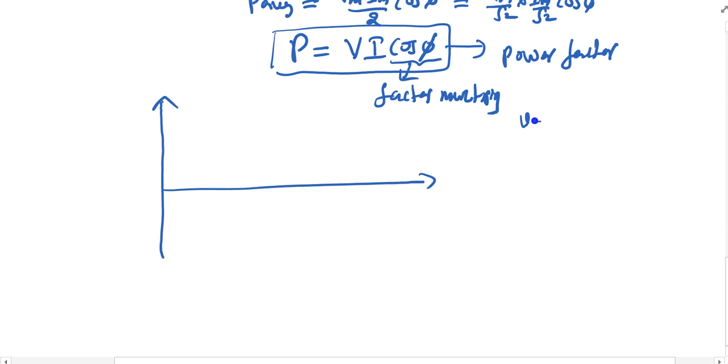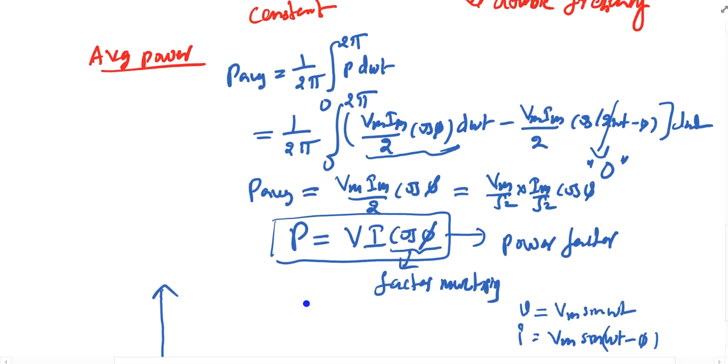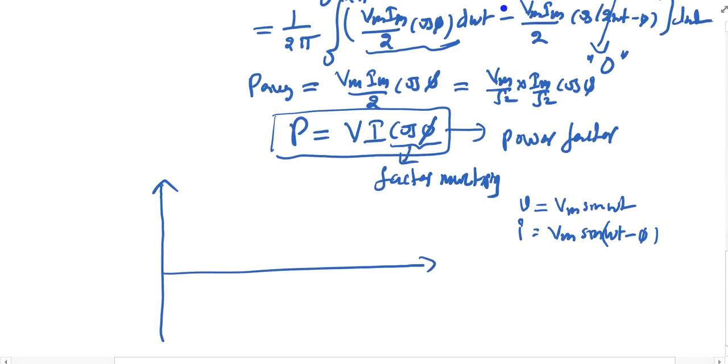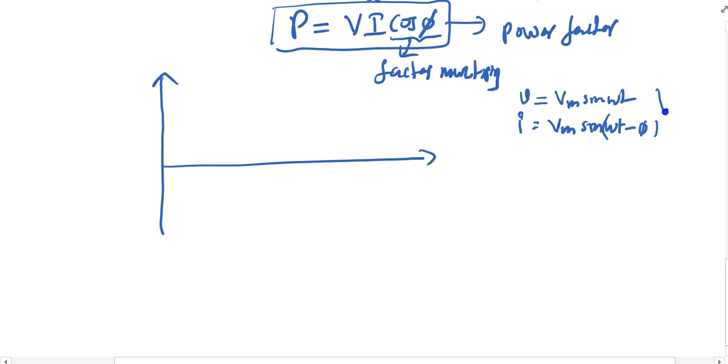V is equal to Vm sin omega t, and I is equal to Im sin of omega t minus phi. Let me recall, yeah, this one. So these are the two instantaneous quantities.